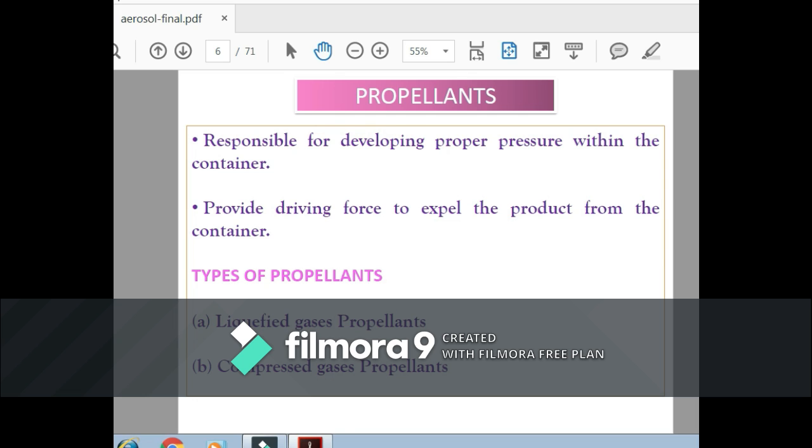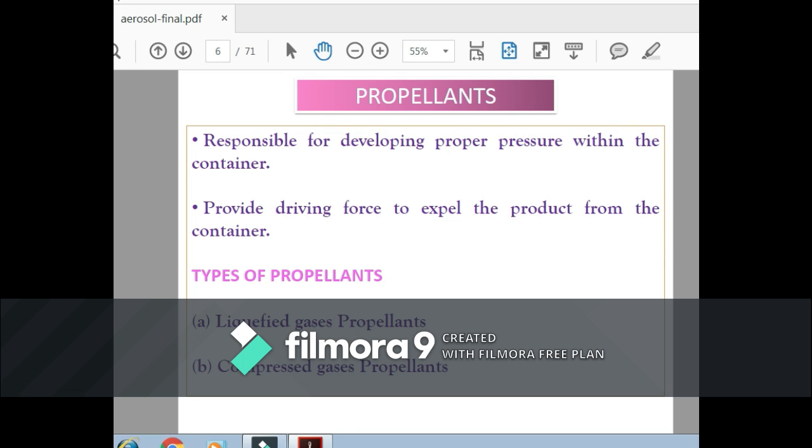So because of that, the pressure inside the container will increase. So this propellant has the ability to always give high pressure, and because of that pressure, when you press the button of your aerosol container, it will deliver your product with high pressure, or in the form of spray.